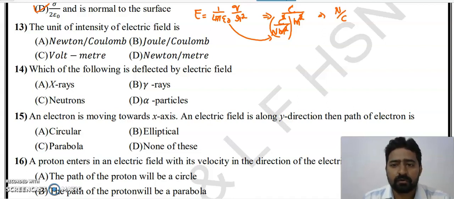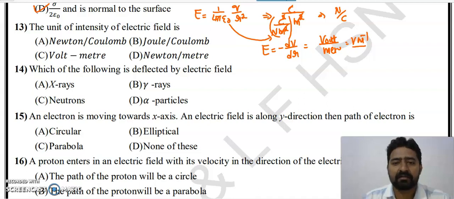So this is one unit. Another is the relation between electric field and potential, which is minus dV by dr. V, the potential, has unit volt, and dr, the distance, is in meter. So that is volt per meter. So you have two units for electric field.